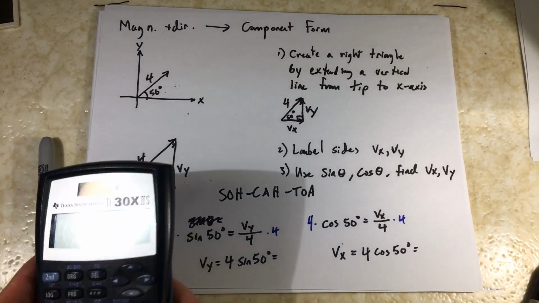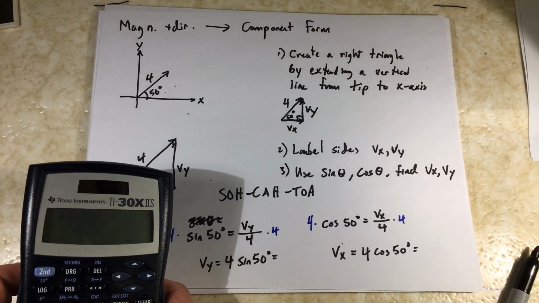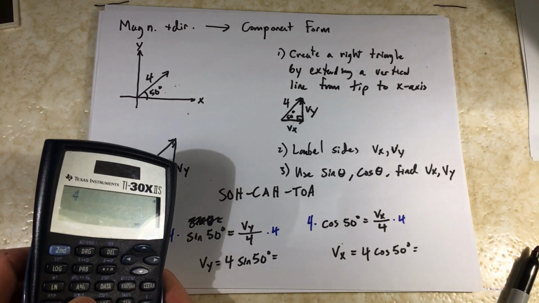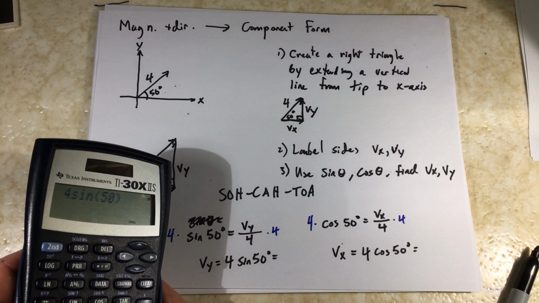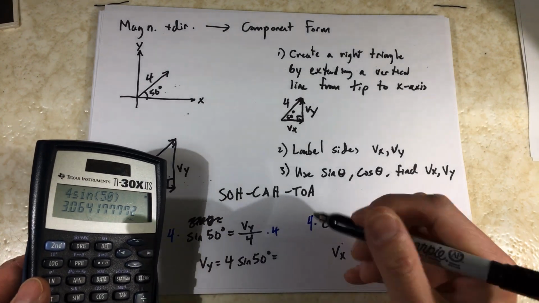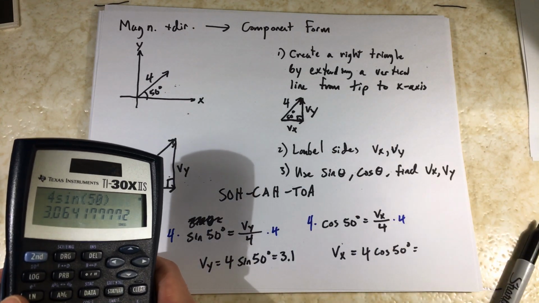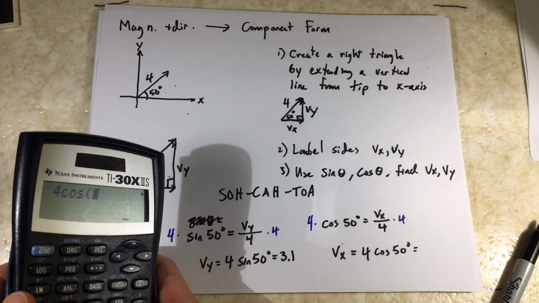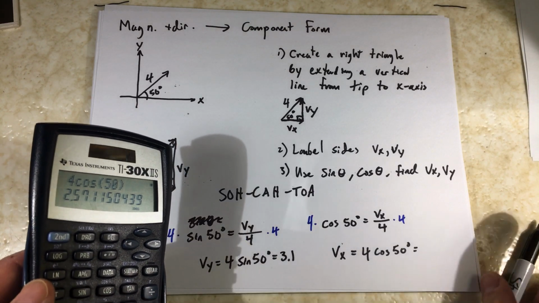So let's calculate both of these values. So 4 sine 50, I'm going to round that to 3.1. And then I have 4 cosine of 50, I round that to 2.6.